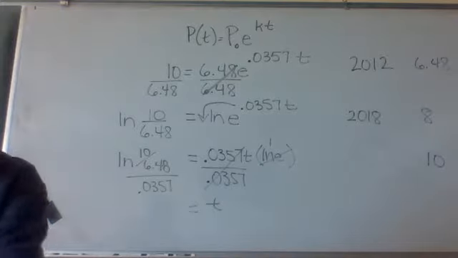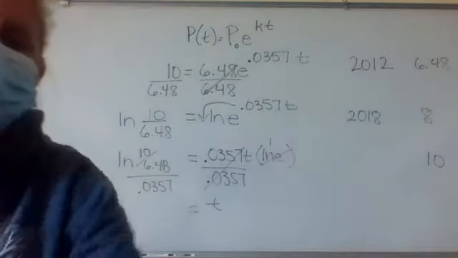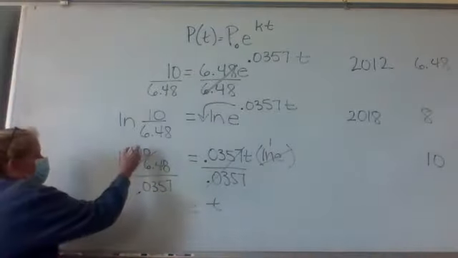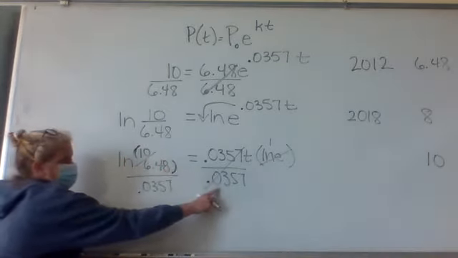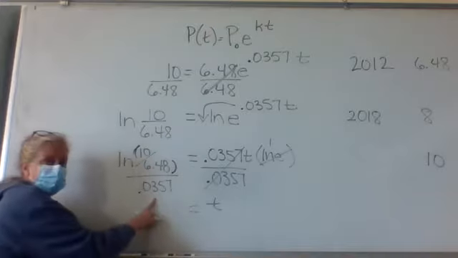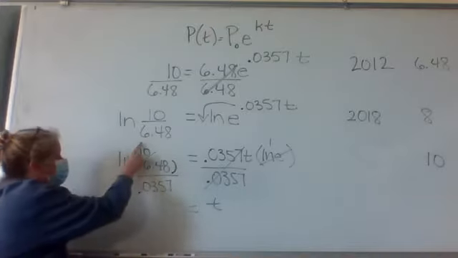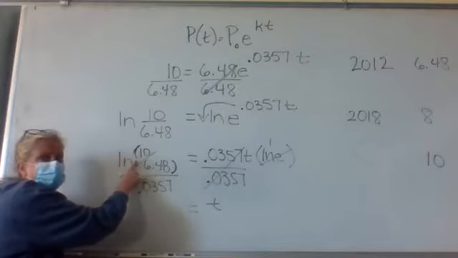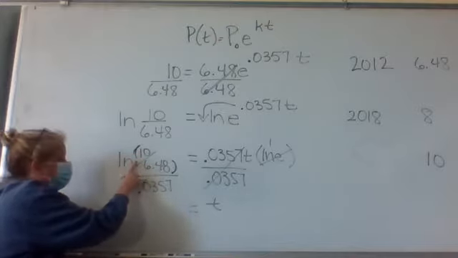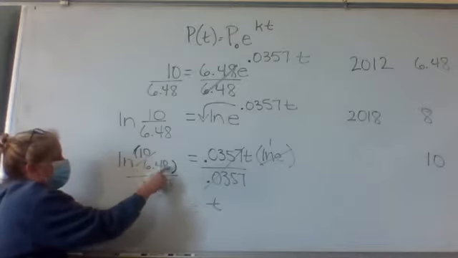Now here's the deal. Make sure when you are typing this in your calculator, the only thing you're taking the ln of is that numerator, right? Not this. This came over after I ln'd both sides. So when you're typing in, you're going to do ln, and it'll automatically give you that open. You'll do 10 divided by 6.48.